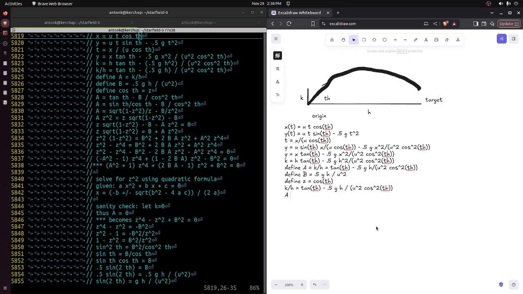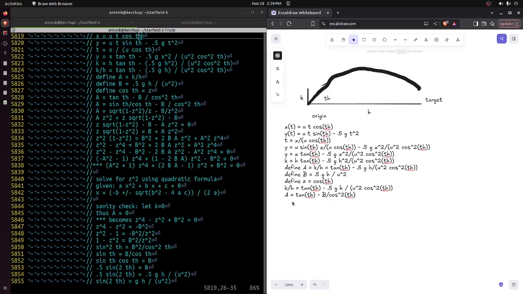So this is just a equals tangent of theta minus b divided by cosine squared of theta.